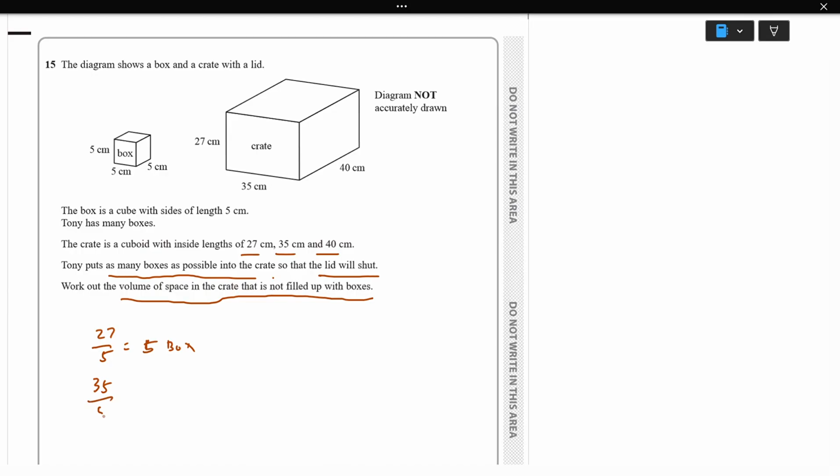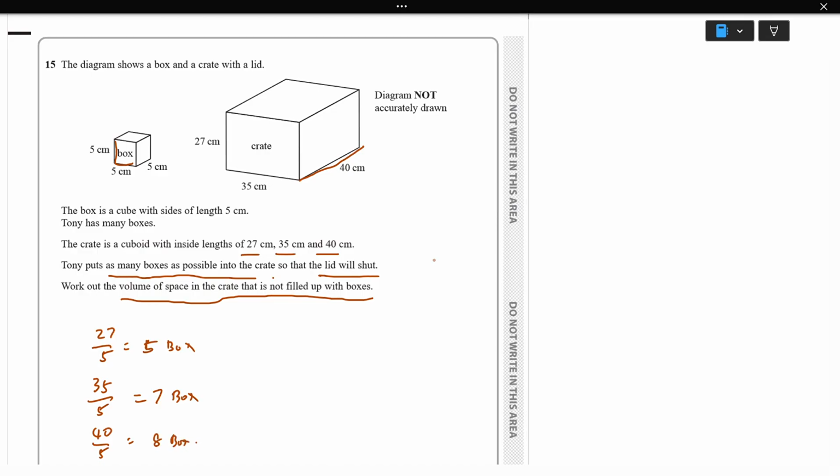So 35 over 5 because this length is 5. So 27 divided by 5 we checked, maximum 5. Now 35 divided by 5 is 7 boxes. Next, this length is 40. So 40 divided by 5, because each side of the box is 5. So here it is 8 boxes.